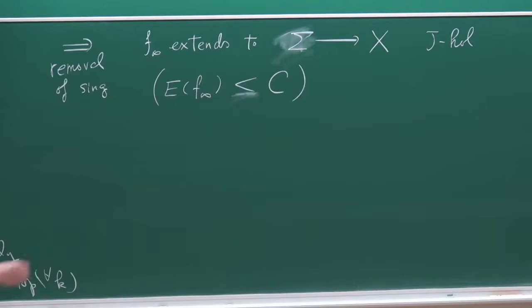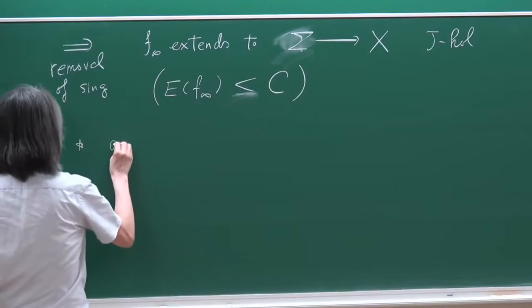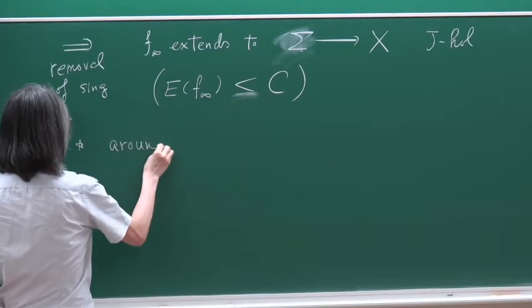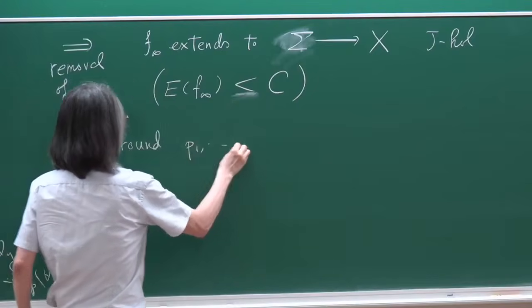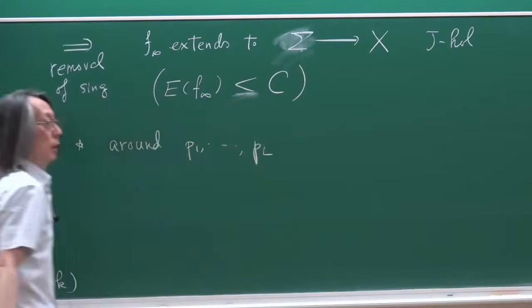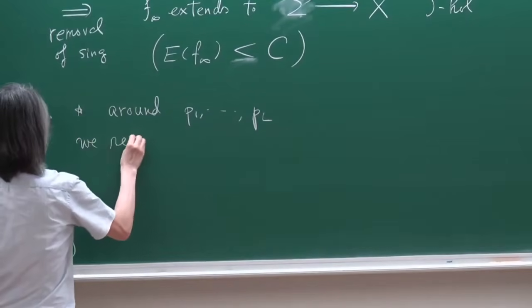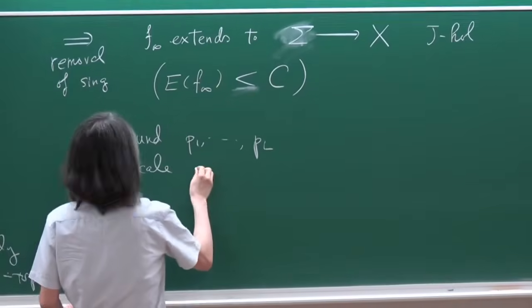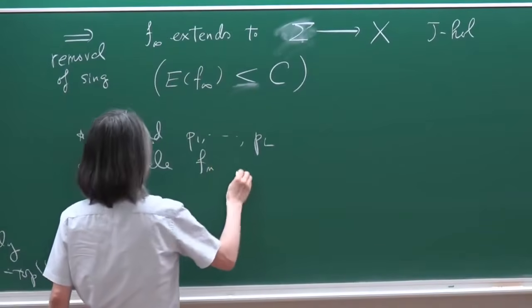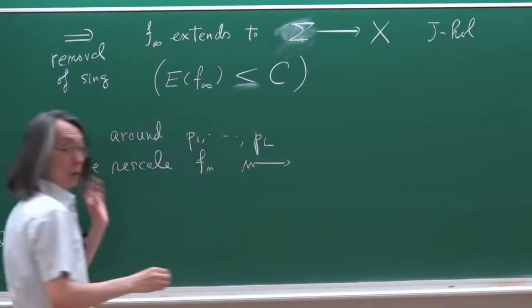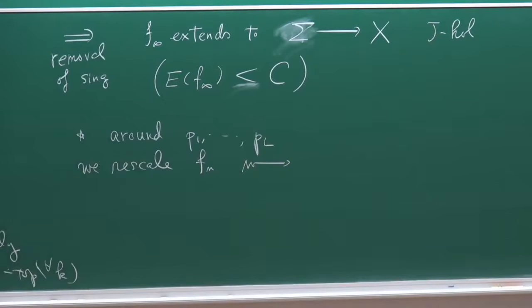But also, near this P1 to PL, we can also see other curves. So around this P1 to PL, somehow we describe this sequence F_n, and then somehow we obtain other holomorphic curves, right?